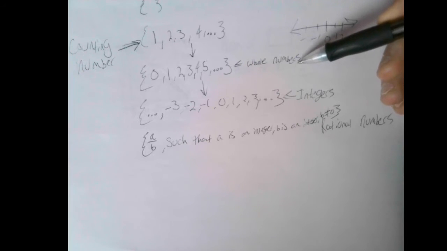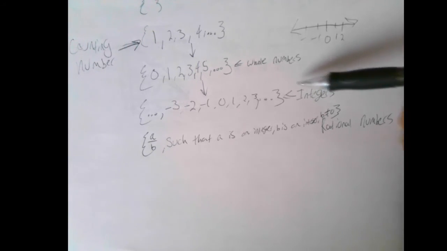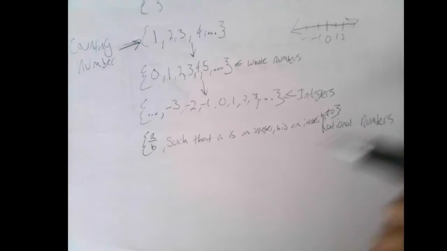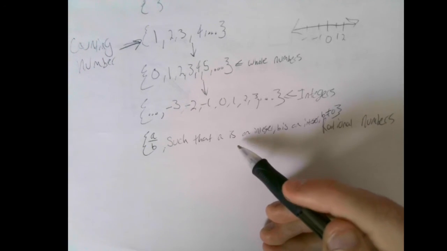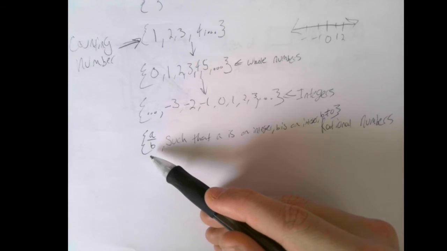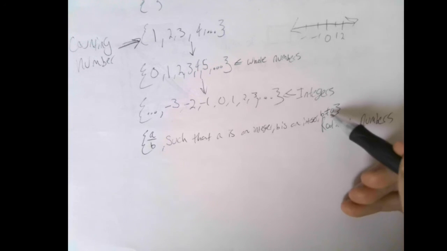So again, counting numbers plus 0 are the set of whole numbers. Then if we introduce the opposites of the numbers, it becomes a set of integers. And then if we introduce the numbers in between those numbers, all the fractions, this becomes a set of rational numbers. And it's a rational number as long as it can be expressed as an integer divided by an integer, and as long as b is not equal to 0, right?